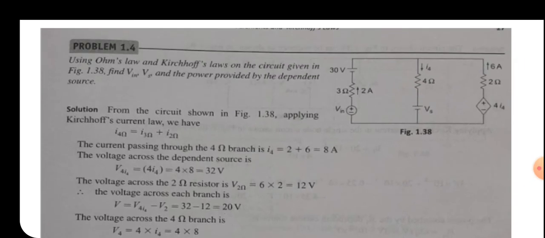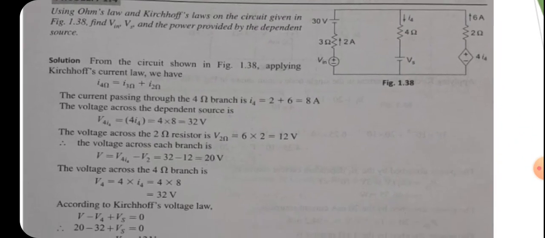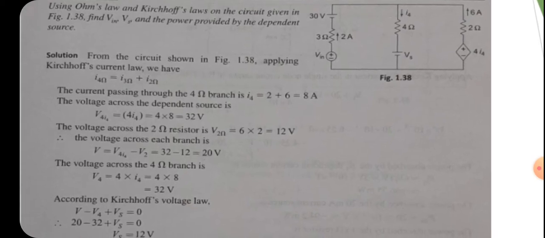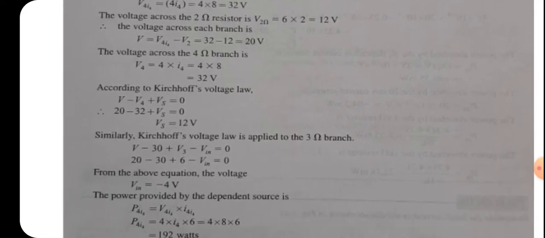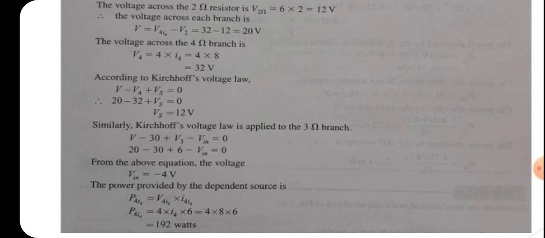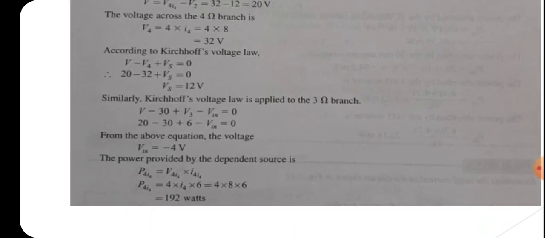Next, your last question is to find out the power provided by the dependent source, that is, the power by the dependent source 4I4. You know the equation for power: power is equal to voltage into current. So you can simply write P = V × I. 4I4 is the voltage source.